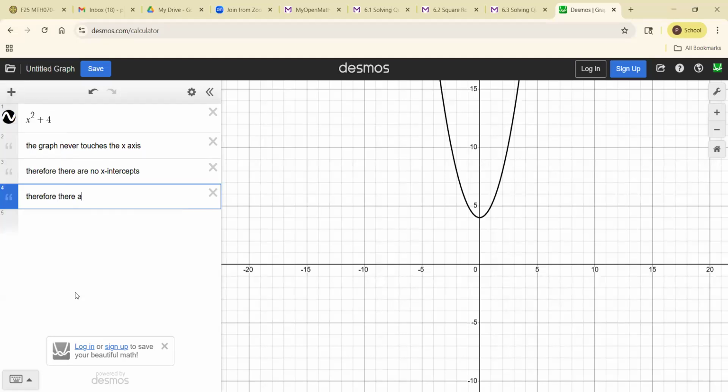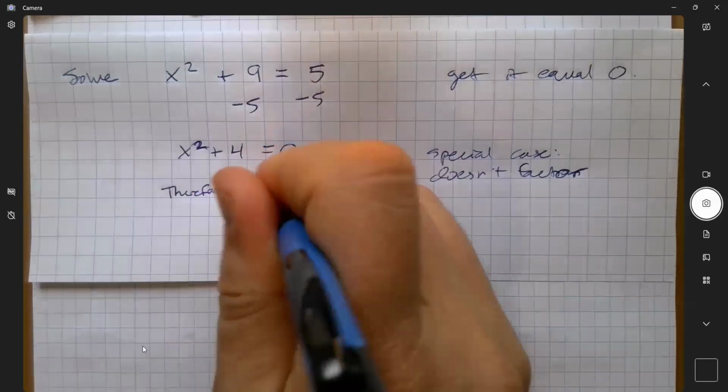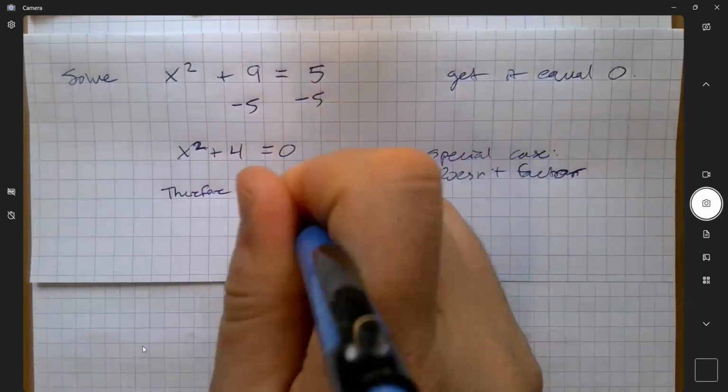Therefore, there are no solutions to the equation x squared plus 4 equals 0. And so if you are asked to solve x squared plus 9 equals 5, our answer is there are no solutions.